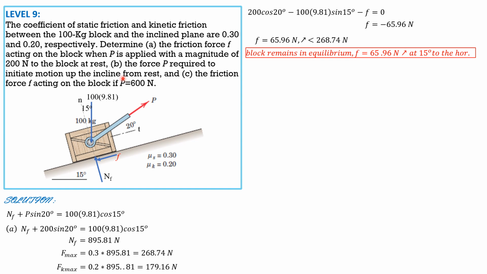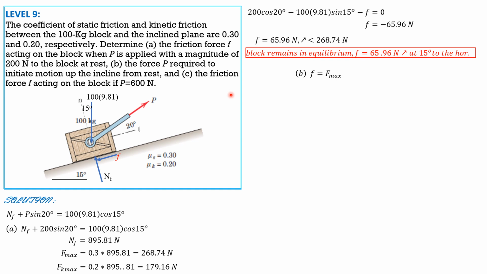For the second part, the force P required to initiate motion up the incline from rest. It is clear in this statement that we have impending motion because we have to determine the force P to initiate motion, and friction maximum is mu sub s times normal.